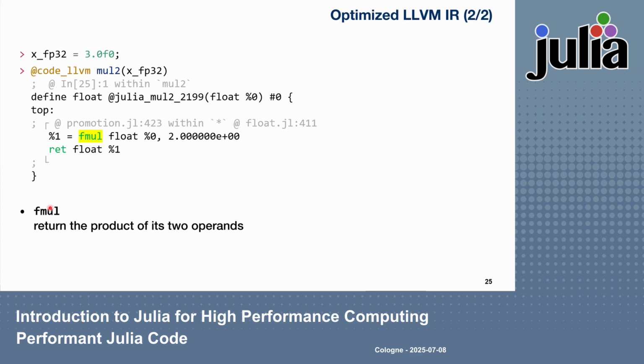So for floating point numbers, as you can see the difference, a real multiplication by 2 is executed, returning the product of the 2 operands. So Julia, at the end of the day, will really generate the most suitable code for the silicon. As you can see, that is why Julia has high performance.